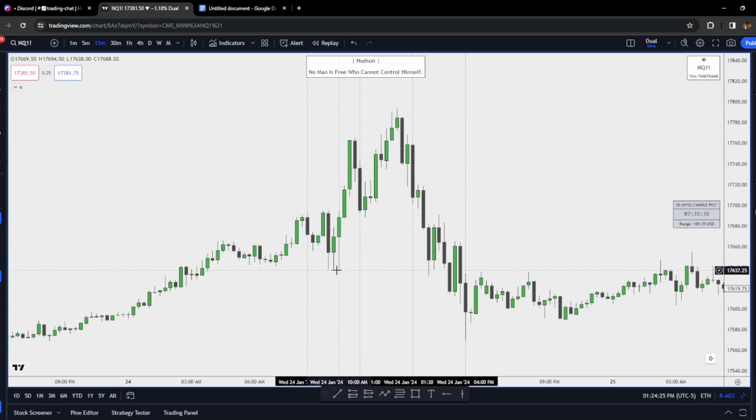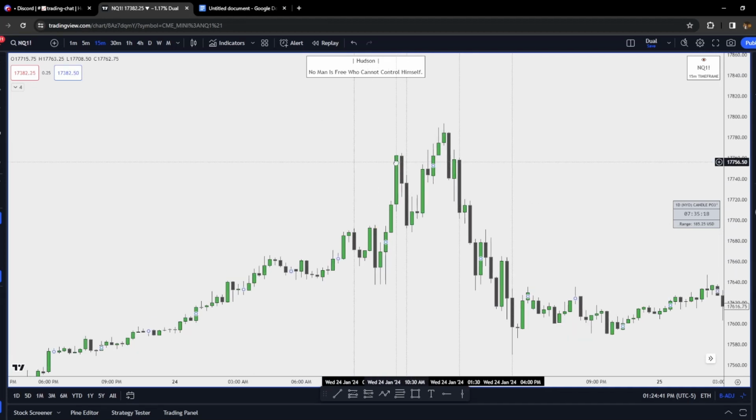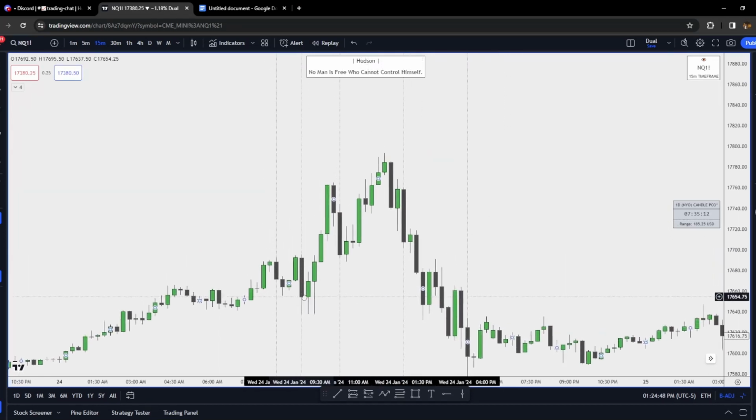We see a swing to the downside, pairing orders, and then an expansion. So look at what we did this entire time, just accumulated in this area, until 8:30 opened up. We get a move up, taking this high, swing down, pairing orders, and then an expansion. Now this all happens during 8:30 to 11 a.m., the New York AM kill zone.